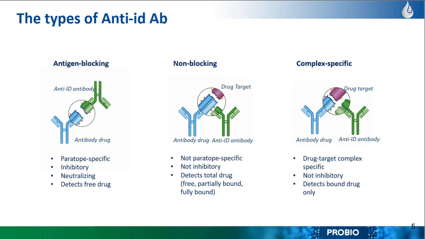If an anti-id binds to the drug through the neighborhood regions of CDR, within the framework of a variable region, it won't compete against the drug target, and as a result, it can recognize both bound drug and free drug. If an anti-id only binds to the drug target complex, it will only recognize the bound drug.